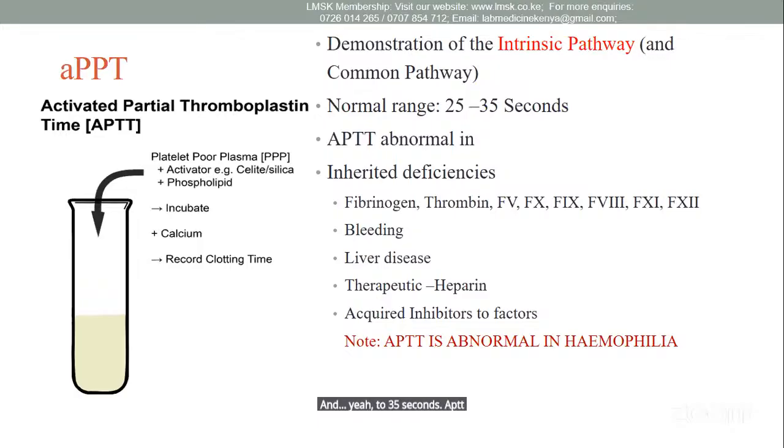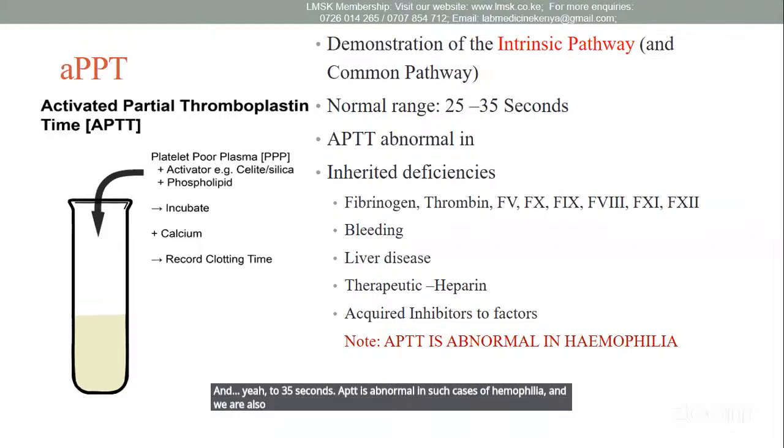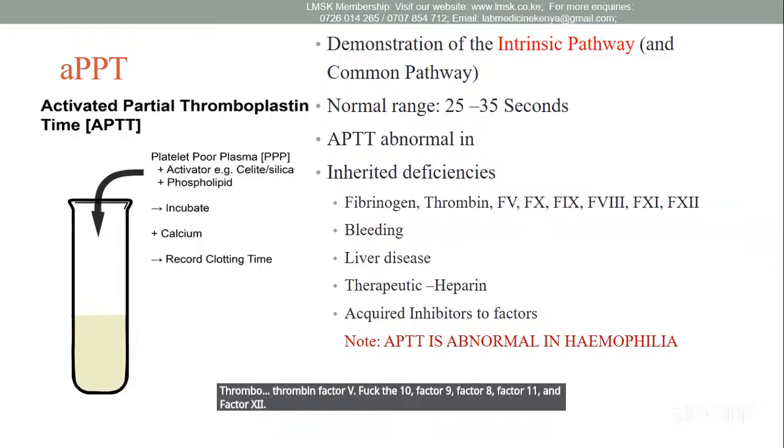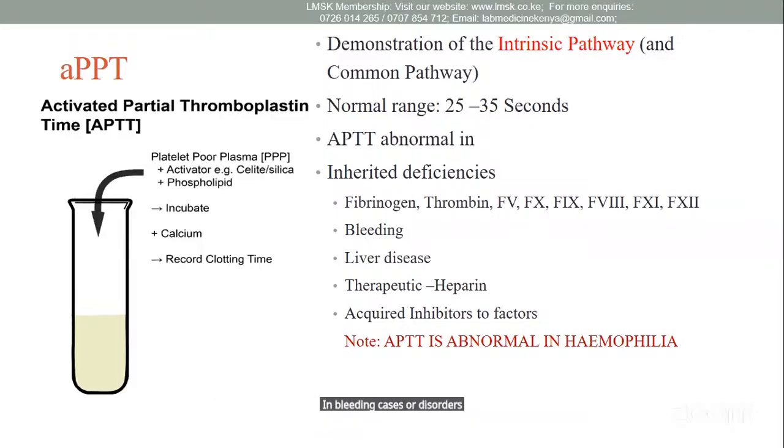APTT is abnormal in cases of hemophilia, and we are also given a range of where you will find it abnormal. Inherited deficiency like fibrinogen, thrombin, factor 5, factor 10, factor 9, factor 8, factor 11, and factor 12. In other bleeding disorders, we will see the APTT also raised.